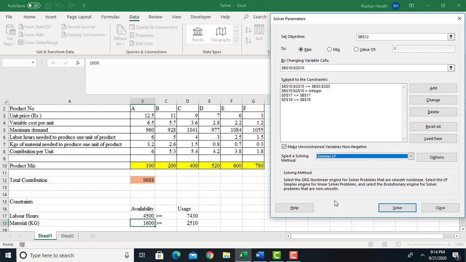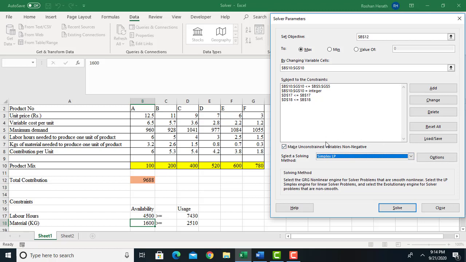In this particular case, we know the dependent variable is going to be the total contribution. It depends on the product mix. So the product mix is going to be the independent variable. So among the total contribution and product mix, a simple linear relationship exists.